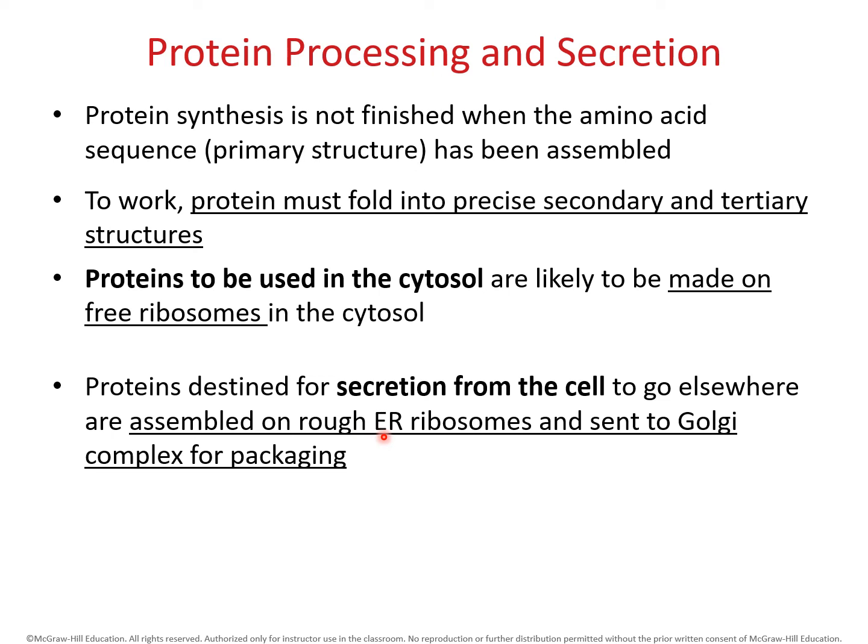And so this really is most of your proteins. Most of your proteins will be assembled this way, by the ribosomes on the rough ER. And then these proteins, like I said, we're not done yet. These proteins are going to be sent to another really important organelle called the Golgi apparatus or the Golgi complex.